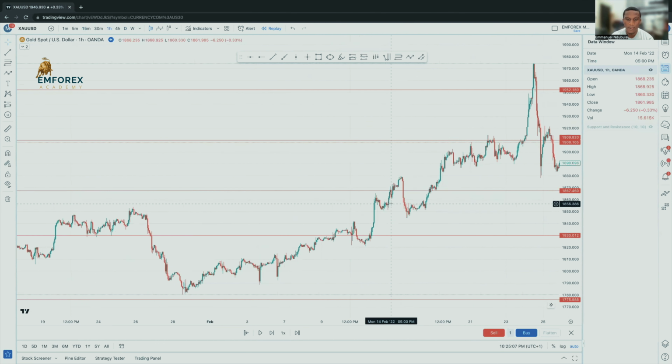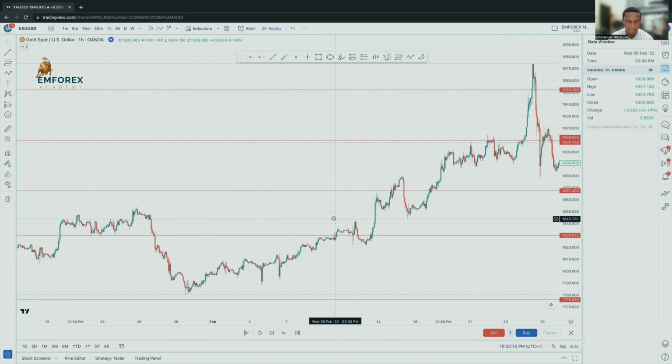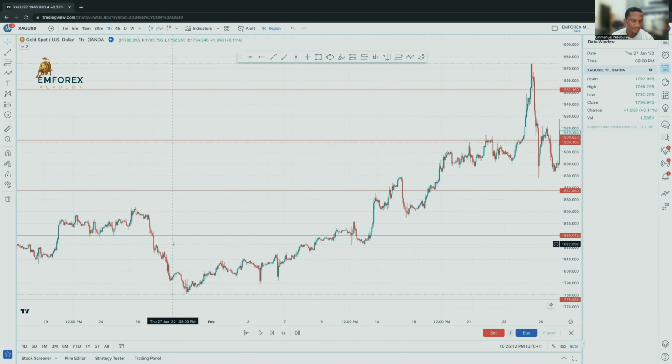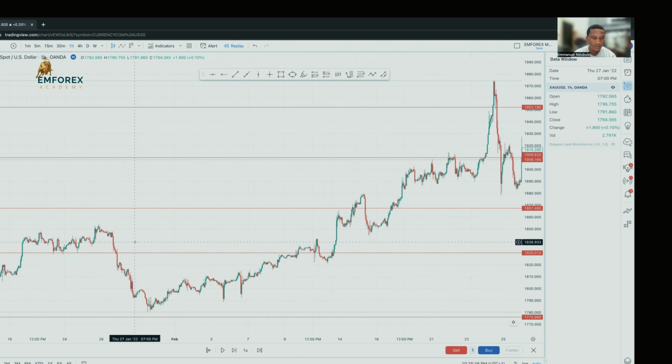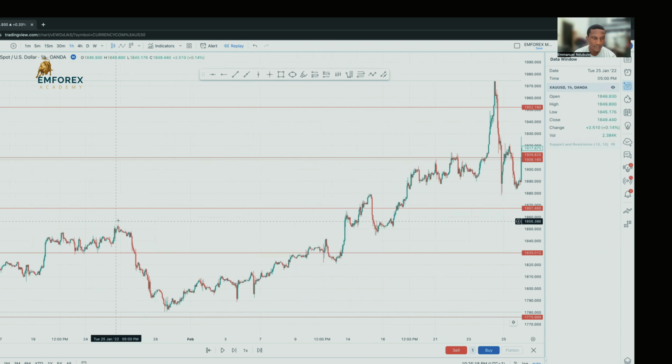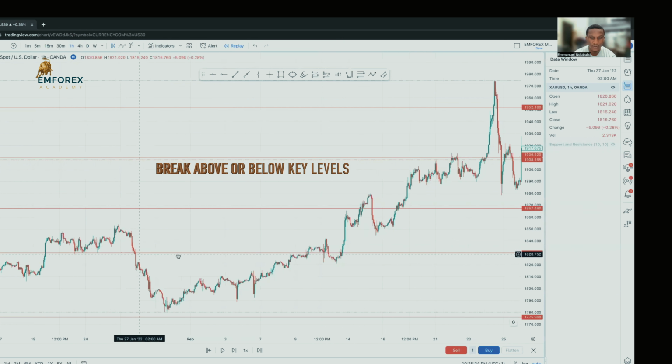Okay, so here we have the hourly time frame. Here we are looking for reversal patterns or a break above or below key levels. Here is a break below a key level.